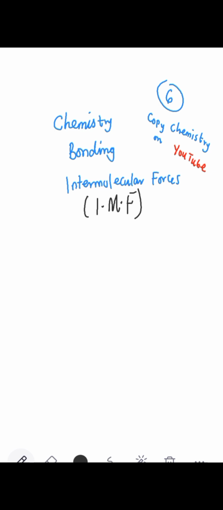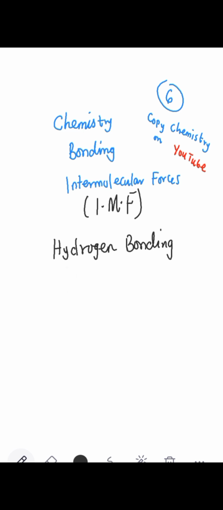Okay, so intermolecular forces, we have said that they are divided into hydrogen bonding, that's the first one, and also the van der Waals forces. But today we're going to be looking at hydrogen bonding.